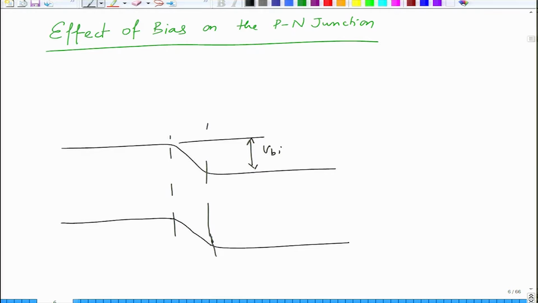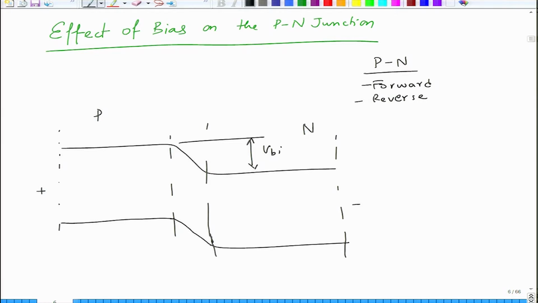Bias in a semiconductor PN junction is called either forward bias or reverse bias. What does it mean? It means that you have a PN junction here. Forward bias means your P side is connected to the positive terminal, and the N side is connected to a negative terminal. This is called forward bias. What will happen in this case?